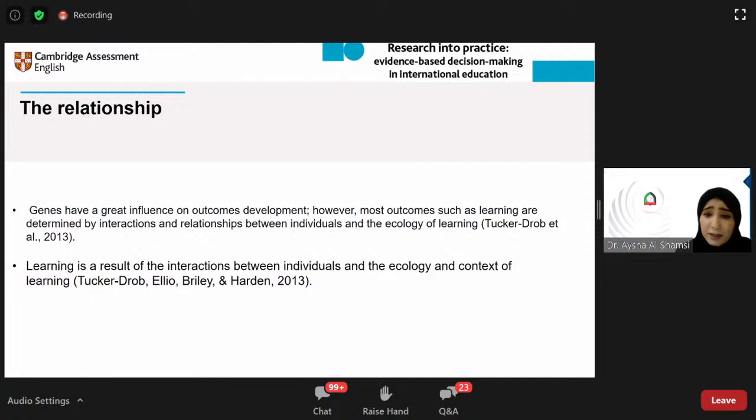When each aspect of each system dimension positively interacts and supports each other, the learner can better experience his or her learning.